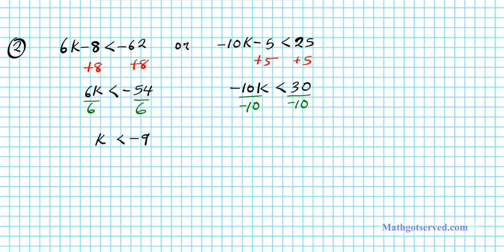Now, since we're dividing by a negative number, we're going to switch the order of the inequality from less than to greater than -3, since you're dividing a positive and a negative number. Anytime you divide numbers with different signs, you always end up with a negative result.